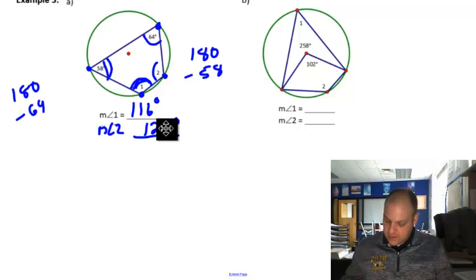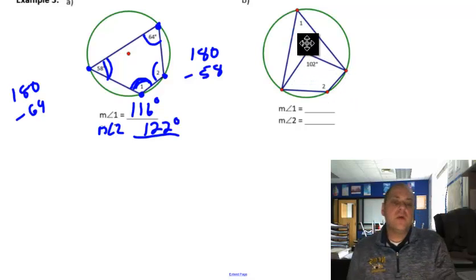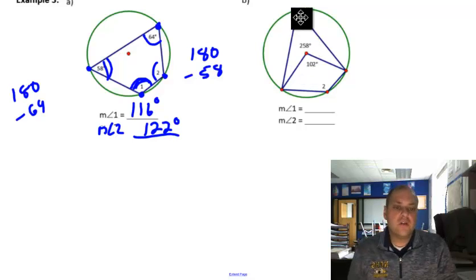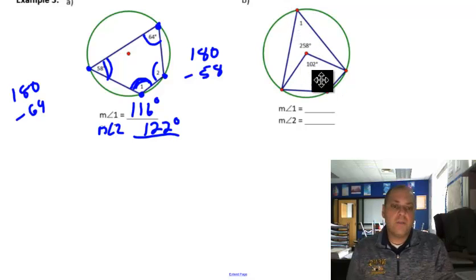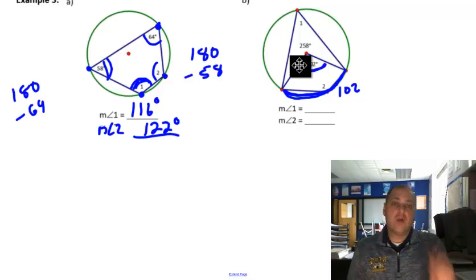All right, and then last one here. This is interesting. I know that this central angle, they gave us a central angle. This central angle is 102. So then I know this arc right here is 102. Because the central angle, the angle at the center, is equal to the arc. That's the first thing we said in today's lesson, and we learned it in the last lesson.